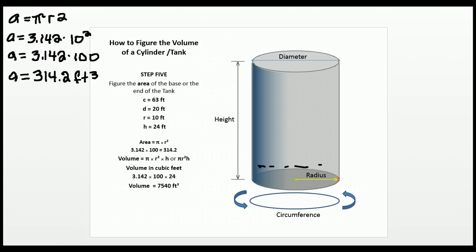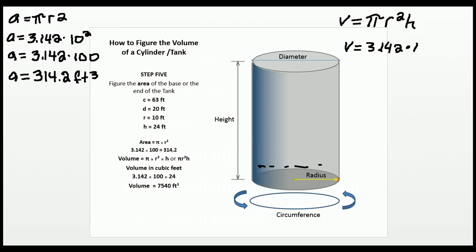Now, to be able to find the total volume, the formula for volume is V is equal to what? Pi r squared times h, or times the height. So the volume is going to be equal to 3.142 times, what did we say r squared was?